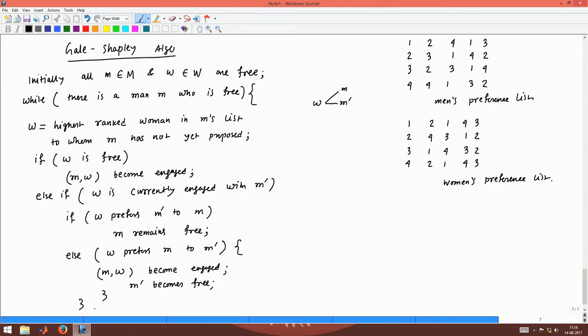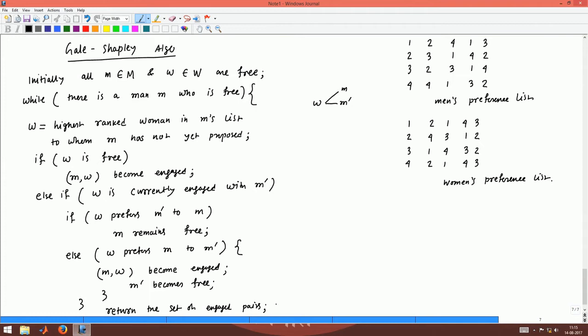This closing bracket corresponds to the opening bracket, and once you are outside this while loop, that means every man is engaged, then you return at the end the set of engaged pairs, and this set of engaged pairs is a stable matching basically.